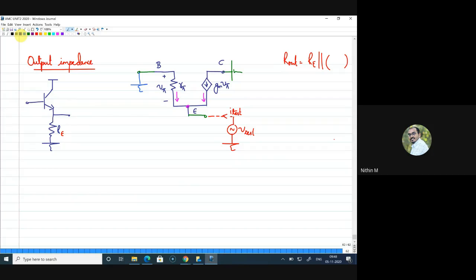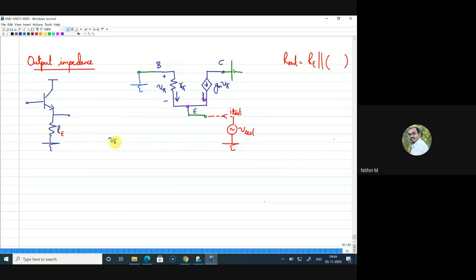Okay, so to do this, what I will write here is, I can take these two currents. What are these two currents? This current is, the voltage across R pi is V pi.